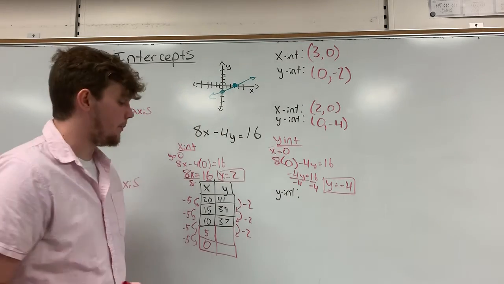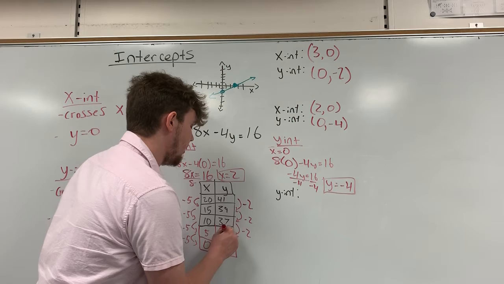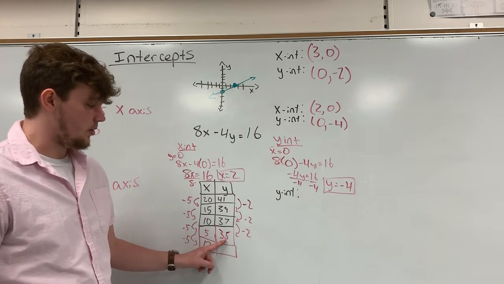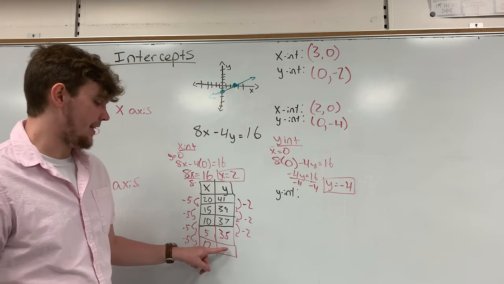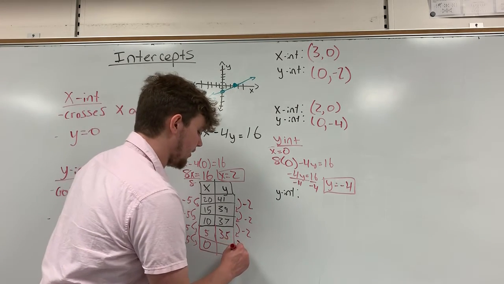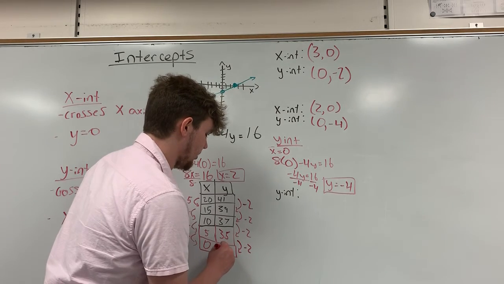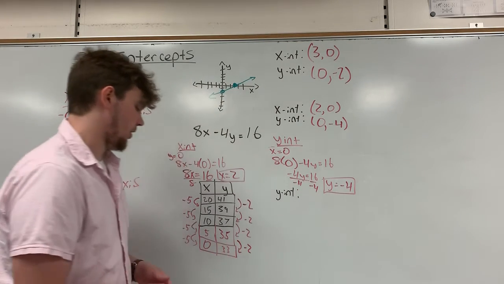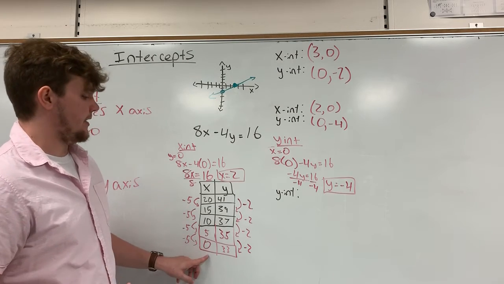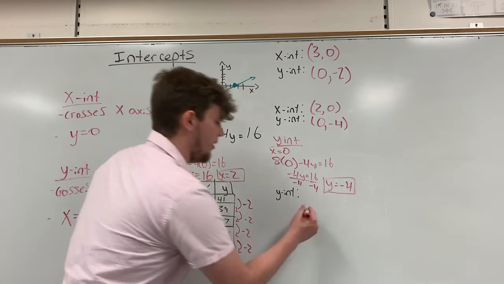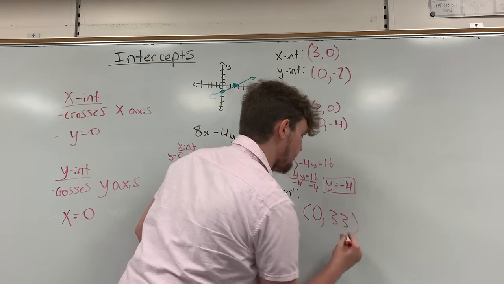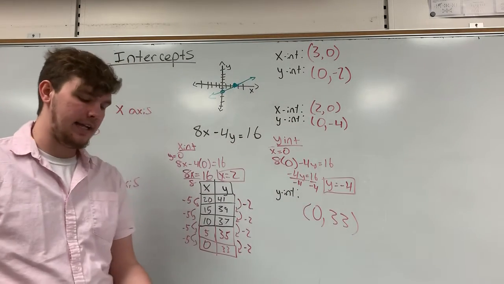I think 37 minus 2 is 35. Okay, and is that my answer? Well, heck no, it's not, because I need this guy right here, the very last one. What's 35 minus 2? It is 33. Okay, so my final answer then would be 0, 33. Okay, and that is my y-intercept here.